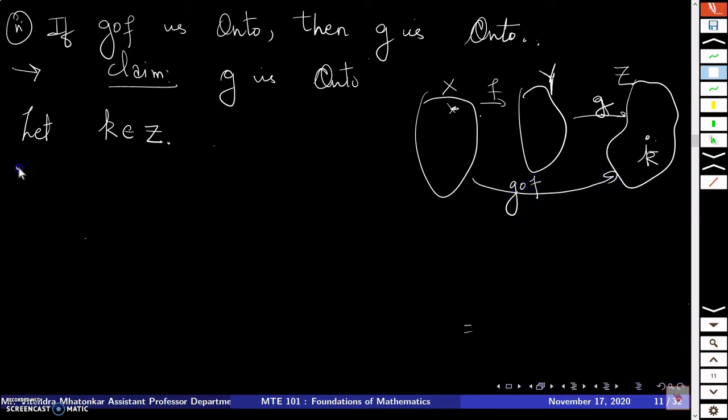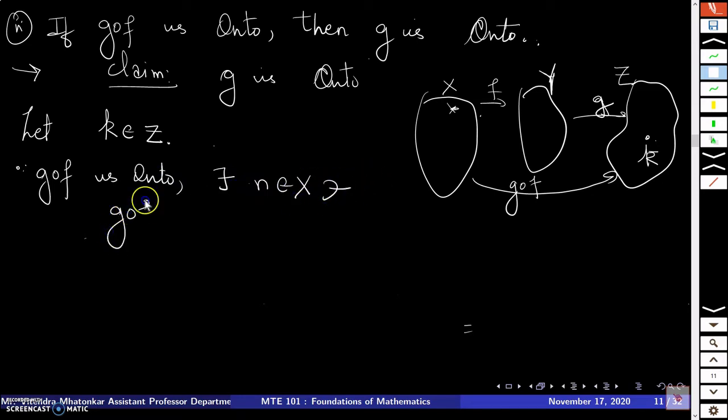So since g composite f is onto, there exists a point n in x such that g composite f of n is equal to k. Every point in z will have a pre-image, so I can find a point n such that g composite f of n will be k.